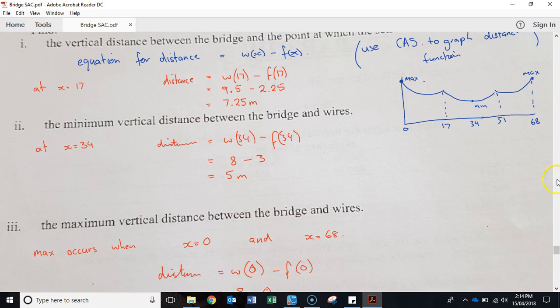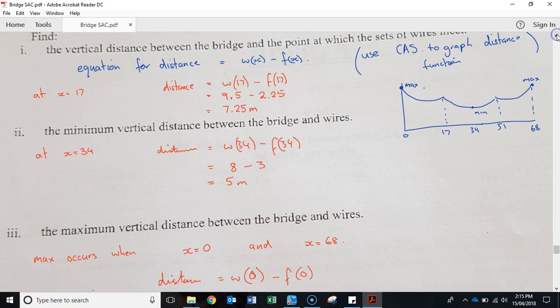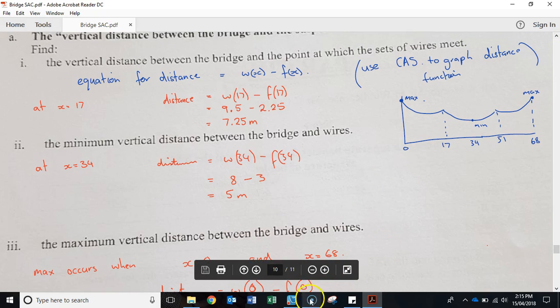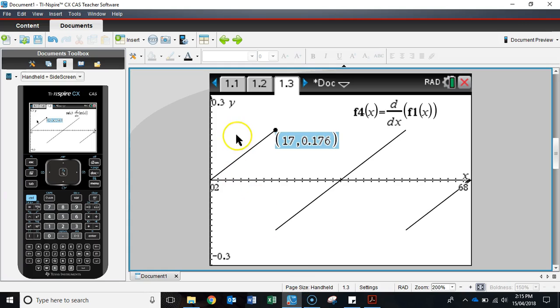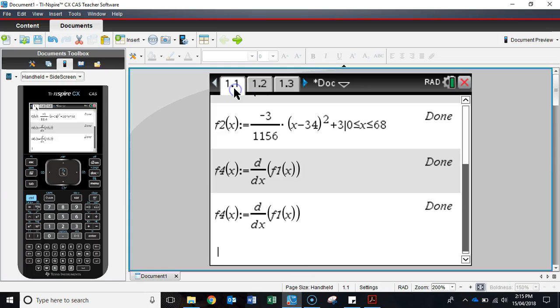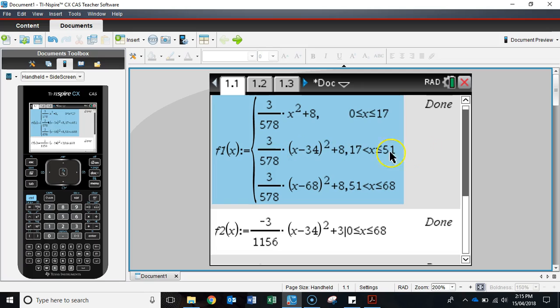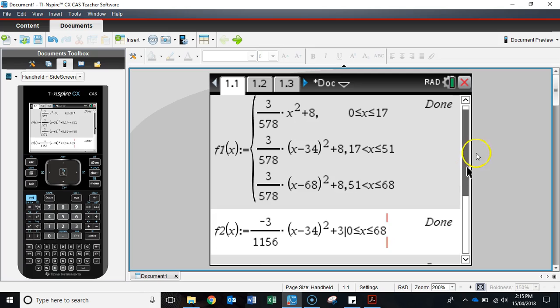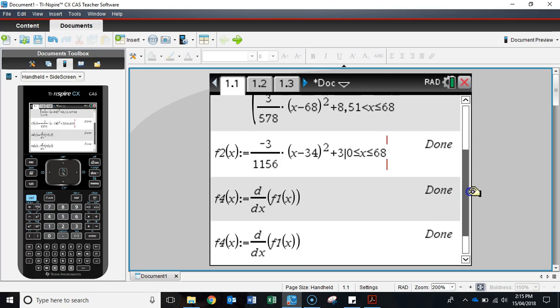Now the easiest way to do it is to do that on CAS, sorry. So let's have a look. So on CAS, I defined the hybrid function. Then I also defined the parabolic bridge function that we worked out from section 1.